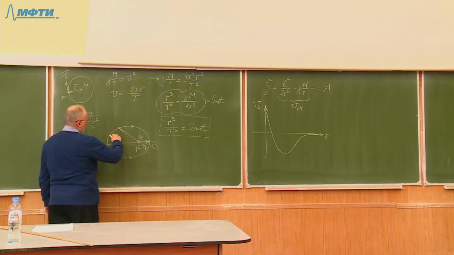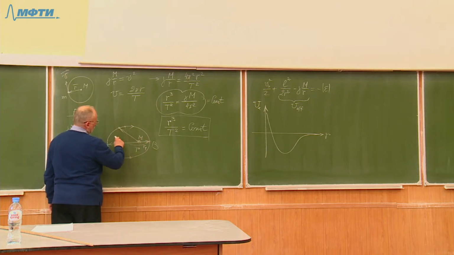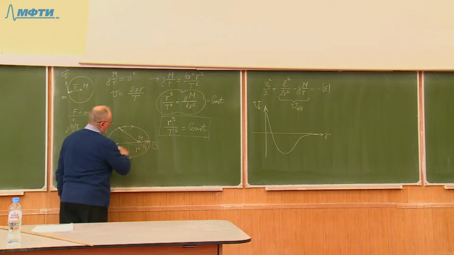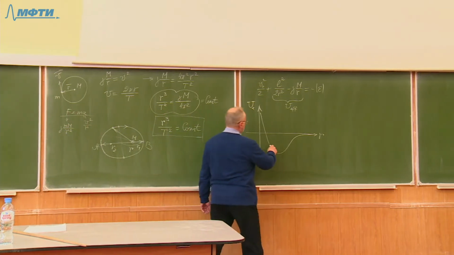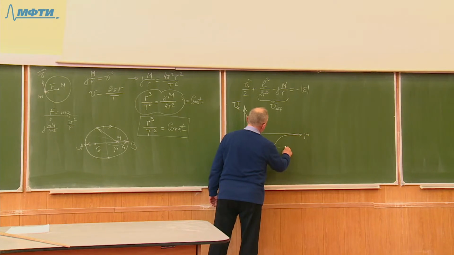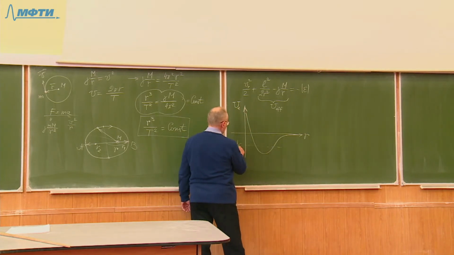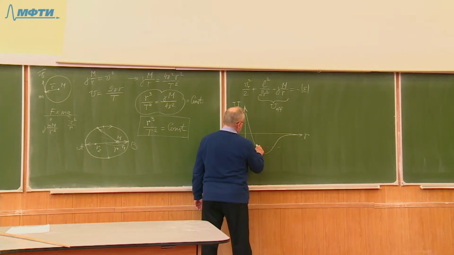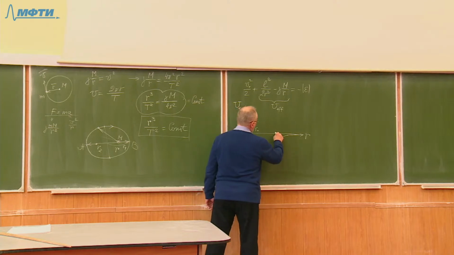Generally, any distance is between these largest and smallest values. So if we choose here some energy minus epsilon, then we obtain the smallest distance and the largest distance.